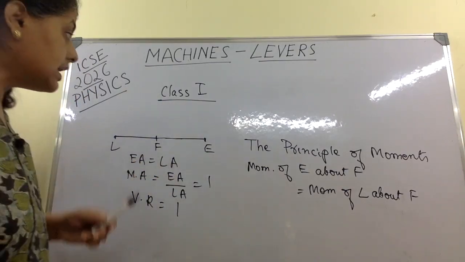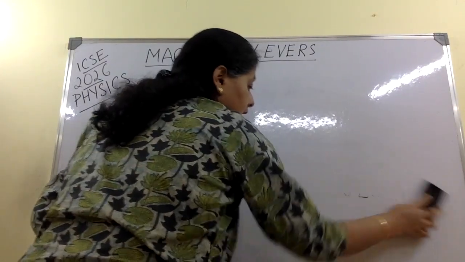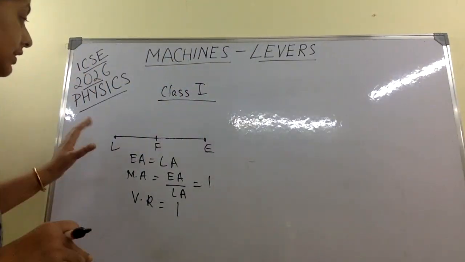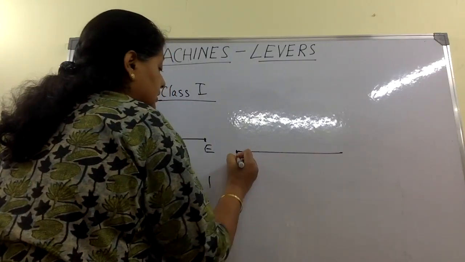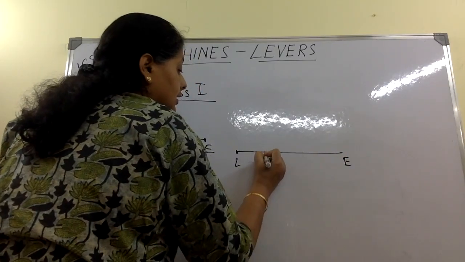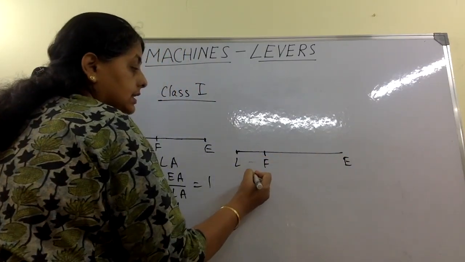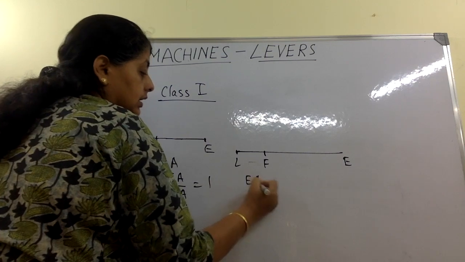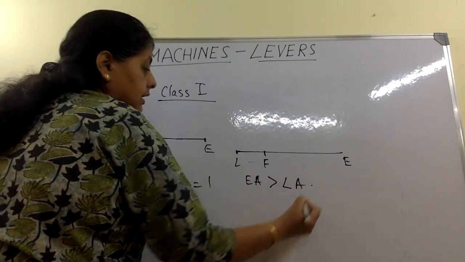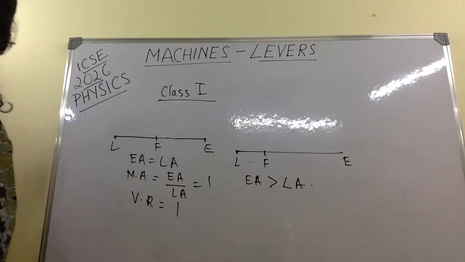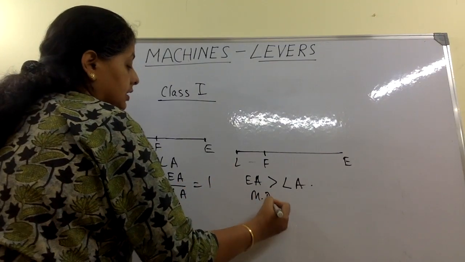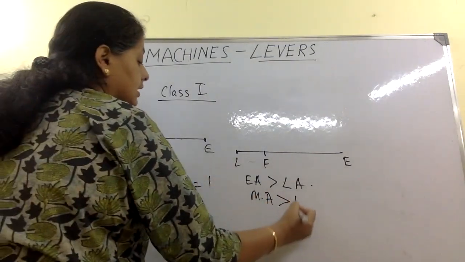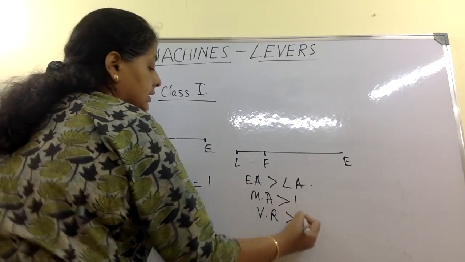Now we did just case 1 of class 1. But what if the fulcrum is a little towards this side? Here is load, here is effort, and the fulcrum is here. Then effort arm is greater than load arm, and therefore mechanical advantage, if you use this formula, is greater than 1, and velocity ratio is greater than 1.